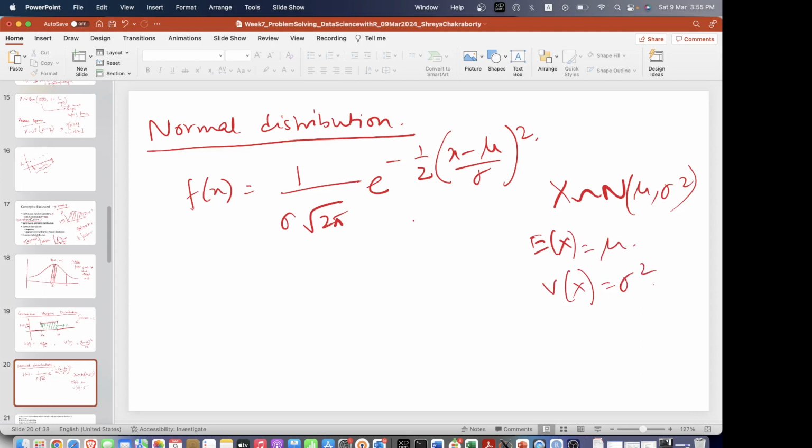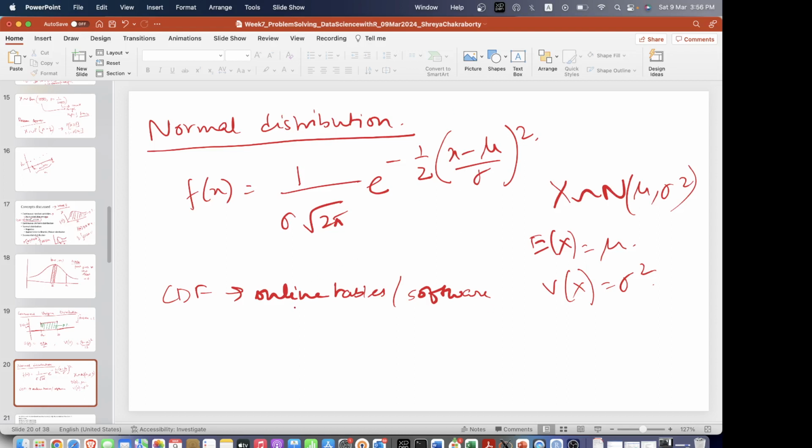If I have to find the CDF, I should consult online tables or some software, because it is complicated to find analytically.